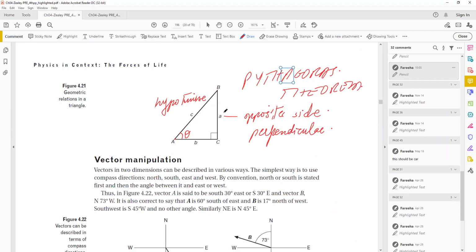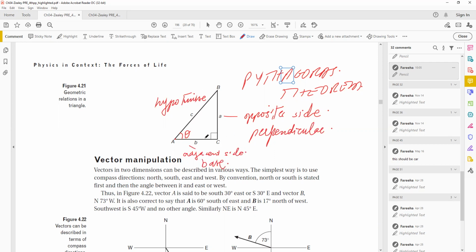And this line, which is opposite to B, is called the adjacent side. Adjacent means it's beside this angle theta. So everything is happening with reference to the angle theta, right? Adjacent side, or you can call it the base.